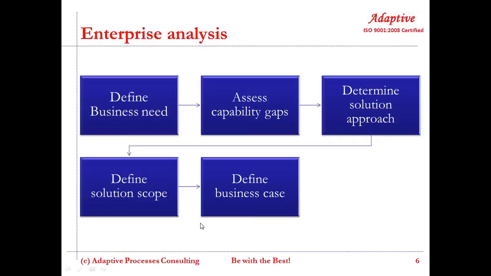In some cases, it might not be. If it's related to regulatory compliance, we just have to stick to regulatory compliance, or we just have to stick to a third-party application. Say we have to integrate with a third-party application. That's an objective in itself. So the business case clearly says we have to make sure that our system integrates with the third-party application.